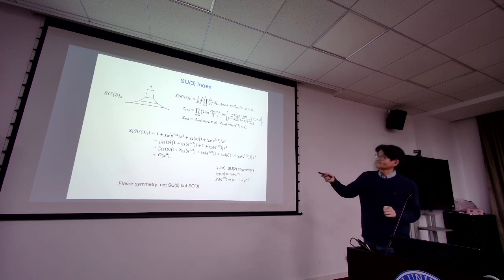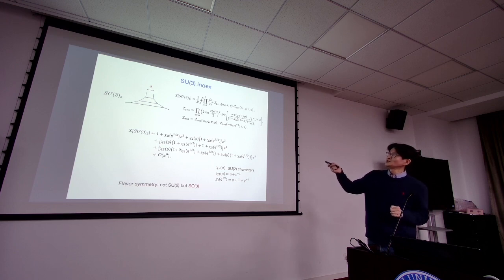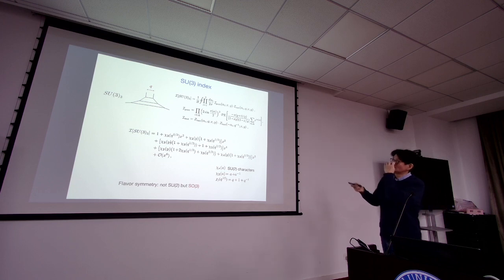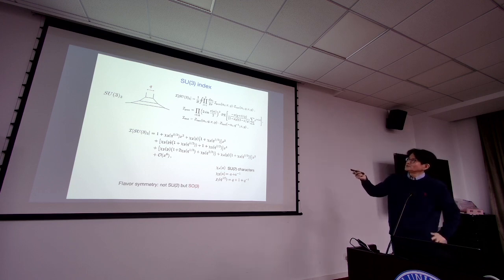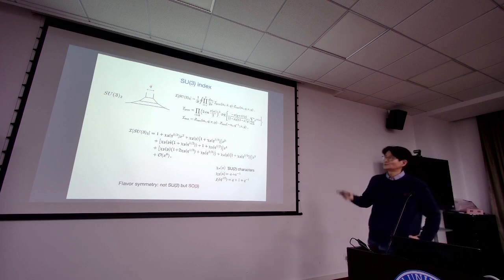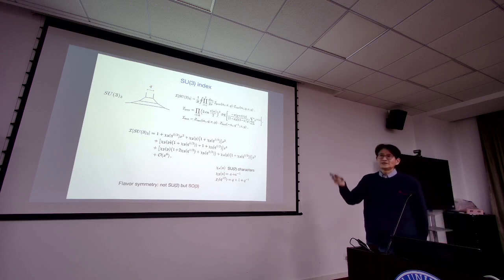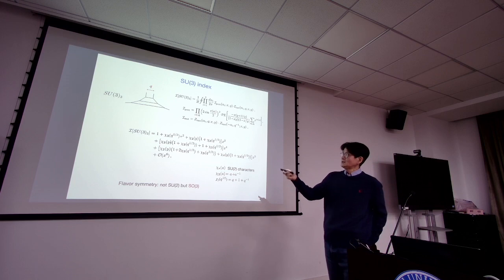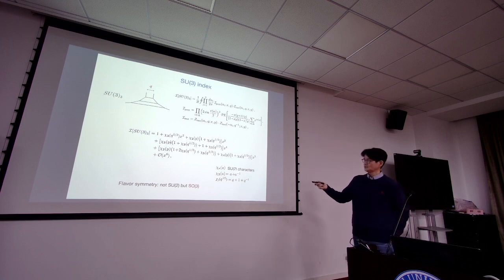So now we have a parameter instanton, and the index is computed this way. This is the perturbative part, and the instanton part, which again is a two-part, from the north pole and south pole. After doing this computation, the index is written as 1 plus some SU2 characters.